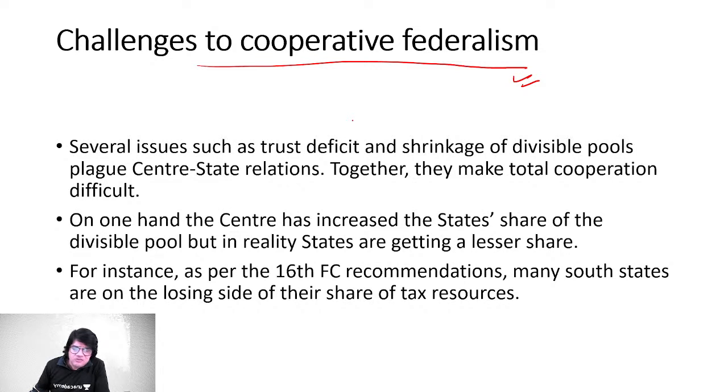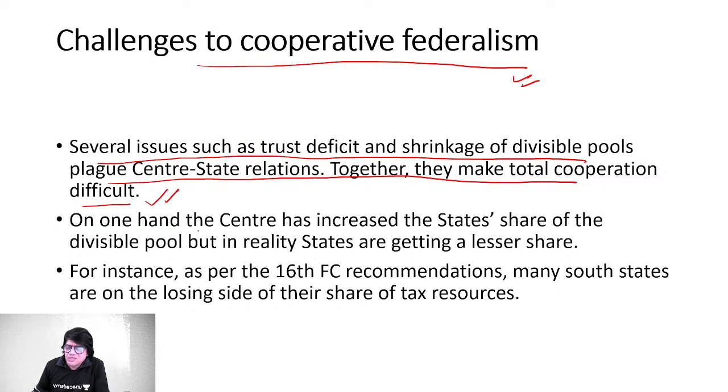And so is cooperative federalism. Several issues such as trust deficit and shrinkage of the divisible pool flag center-state relations, and together they make total cooperation difficult, right? So many issues are there. And on the one hand, the center has increased the state share of the divisible pool, but in reality, the states are getting a lesser share. Right? If you look at it, right?